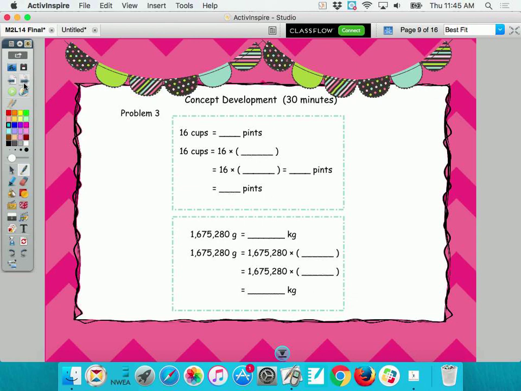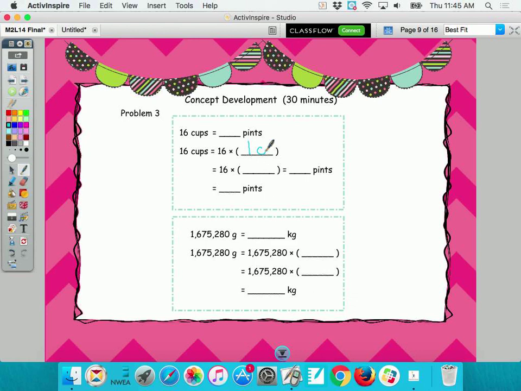So 16 cups is equal to 16 copies of one what? You can write 1 c. It has to be a lowercase though. Now this one's written differently, but do you still see 4 equal signs? Whenever you're going to write a fraction, you're going to have 4 equal signs.